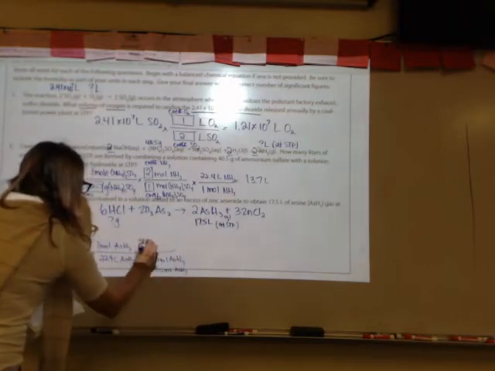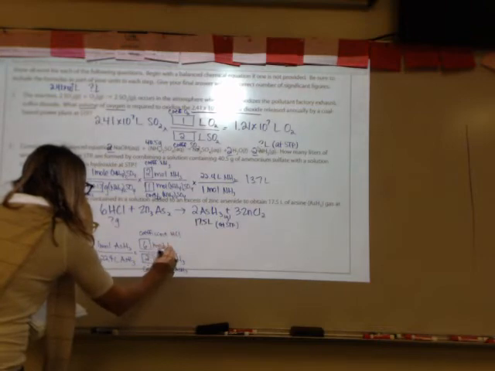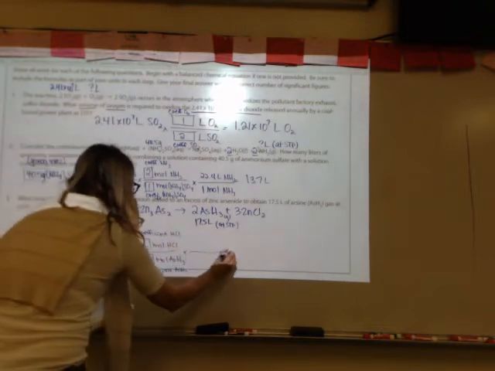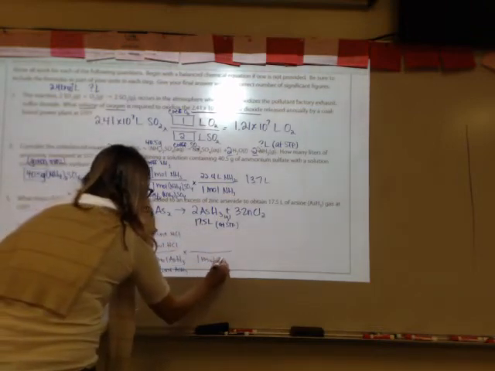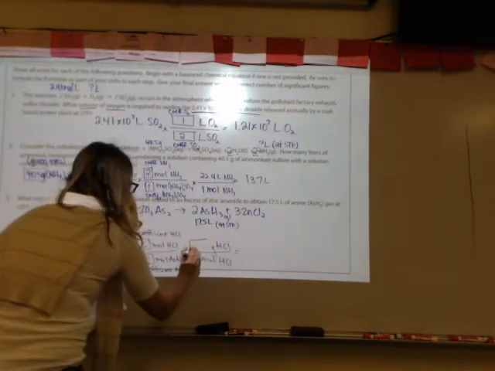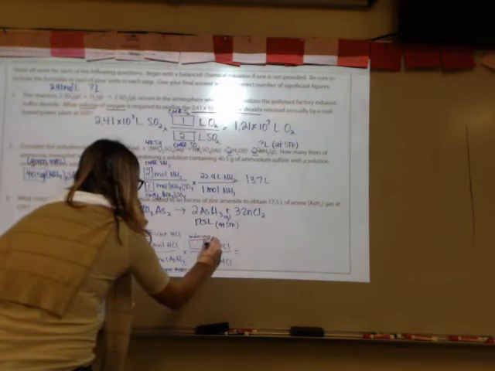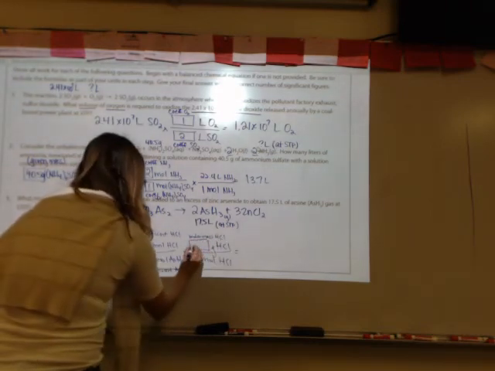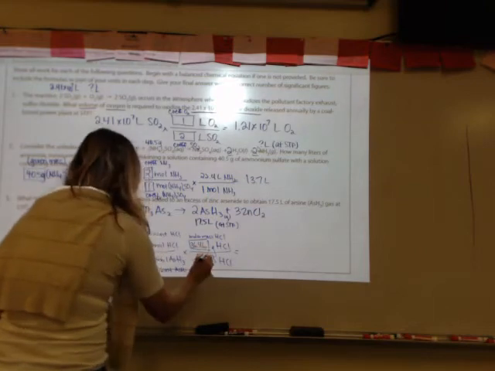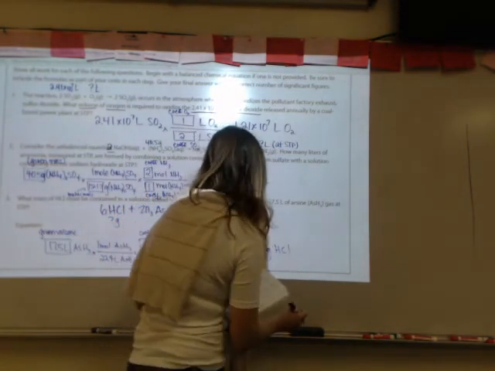And on top, we'll go the coefficient of HCl. And then you will always have 1 mole down here on the diagonal, and then you will have the molar mass here. And the molar mass of HCl is 36.46. You get 85.5 grams of HCl.